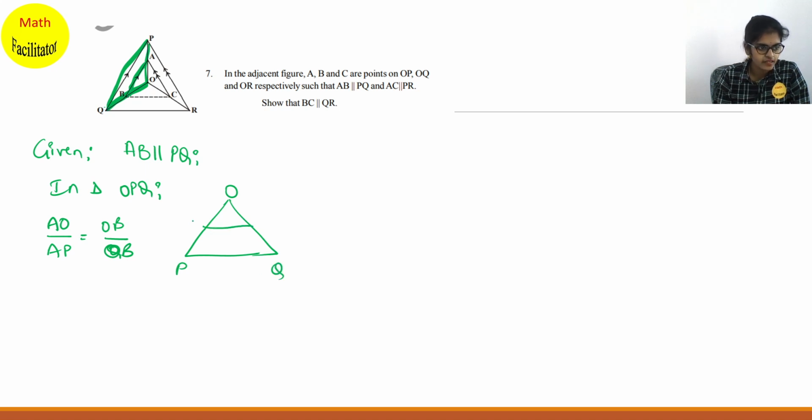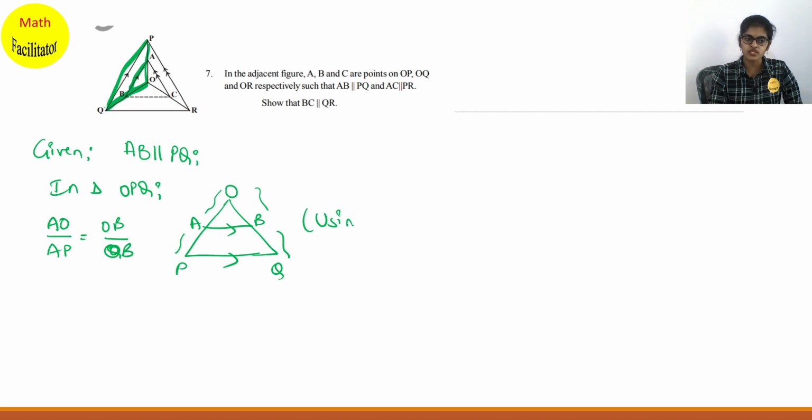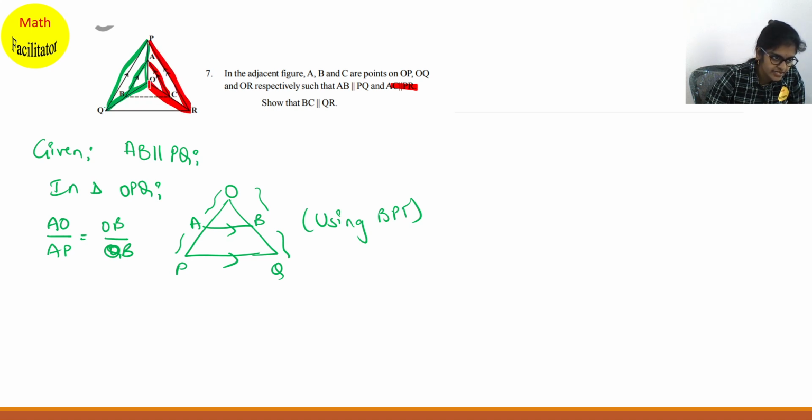This is the line AB which is parallel to PQ. So AO by AP is equal to OB by BQ. Using again what? Using BPT. Clear? Now let's see the next one. What do you have? You have AC is parallel to PR. Okay, so where is AC? AC is here. It is parallel to PR. So which triangle will you take? This is a triangle. Clear?